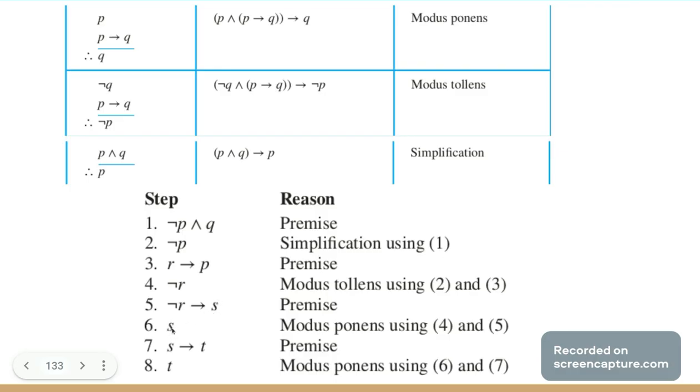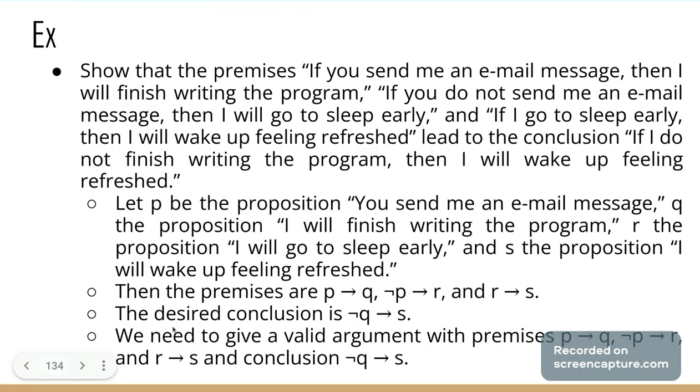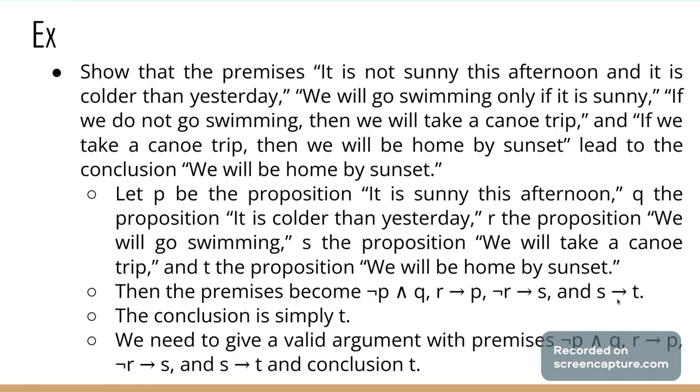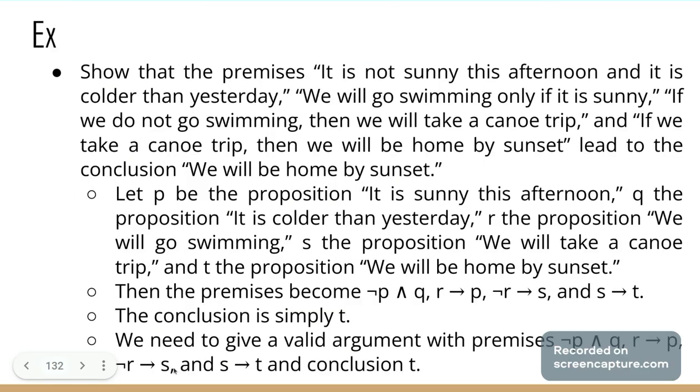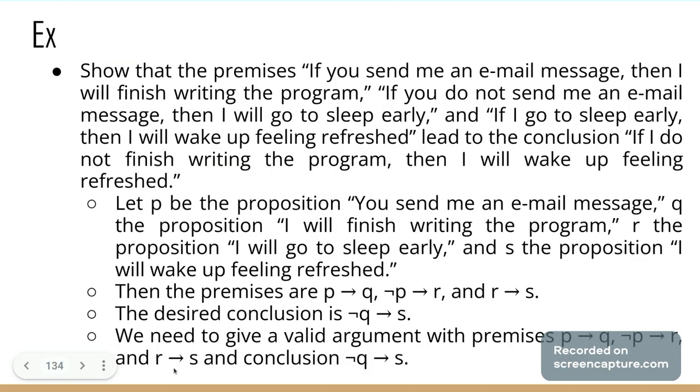Now we take the next premise, S implies T, which is the last premise. From the conclusion S and S implies T, again this is modus ponens. It concludes that T is true. And that was our conclusion.